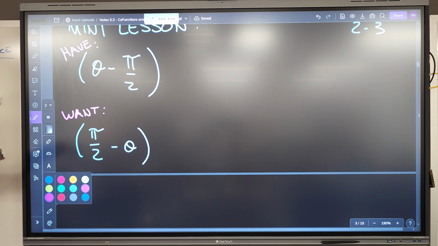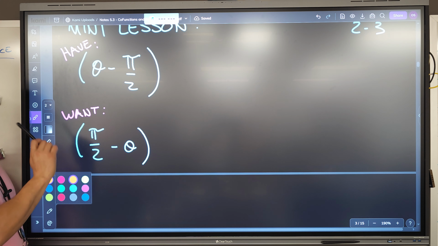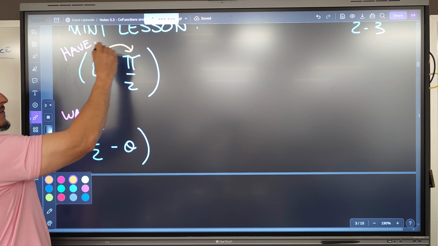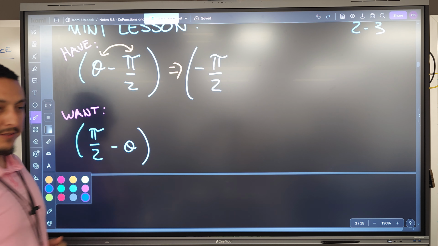Notice the first issue is that this one's on the left and this one's on the right. So I just need to flip them, switch their spots. The pi over 2 comes this way, but it's a negative pi over 2, so it's together. So this is negative pi over 2.